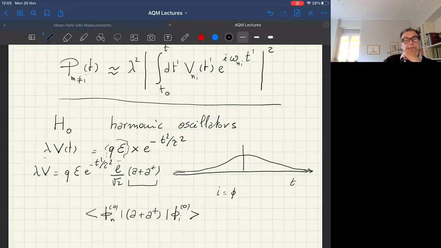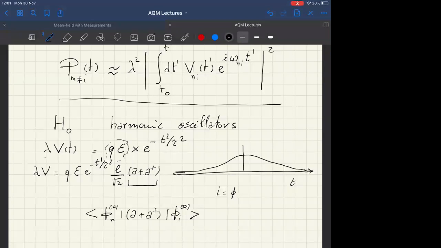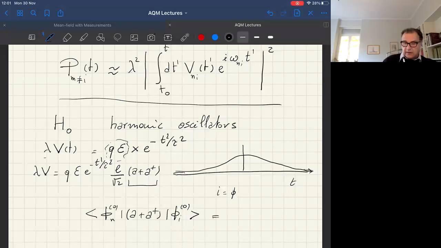Sorry, I did not hear. n equal to 1. Very good. So the only one different from zero is n equal to 1, okay? And so if you assume this perturbation in first order, the only possibility is to have a transition to the first excited state. So let's see. I have to plug this expression in here.